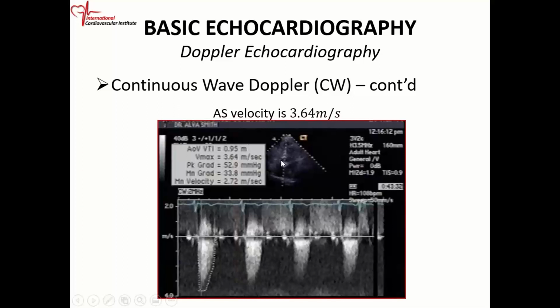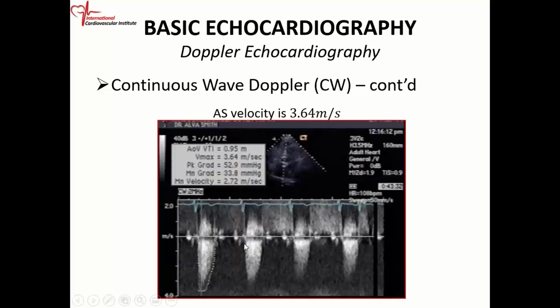When you turn on your continuous wave Doppler, picture a garden hose, your regular hose you use to water your lawn. If you narrow the nozzle of the garden hose, the velocity of the water coming out is going to increase, and you can get the water to go further. So that's what aortic stenosis, or any type of stenosis, is.